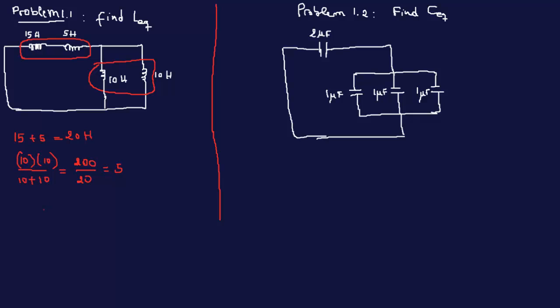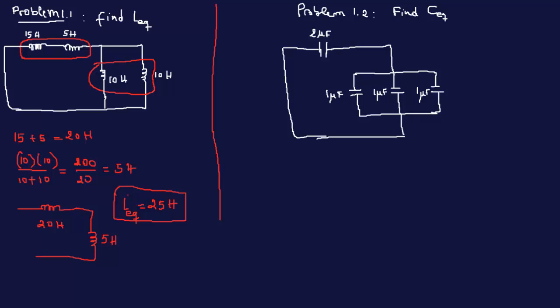So now this is what we have. This is the 20 henries inductor here, and then we have these two, which is 5 henries, and of course these two are in series, so LEQ is equal to 25 henries. Final answer.